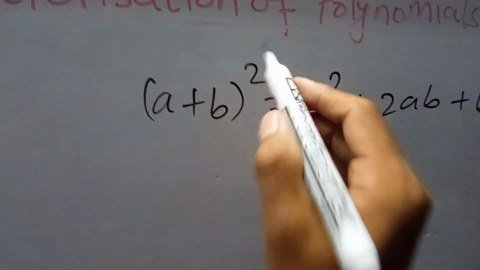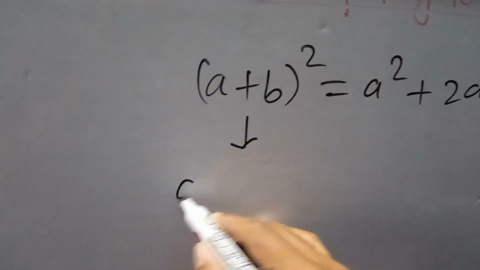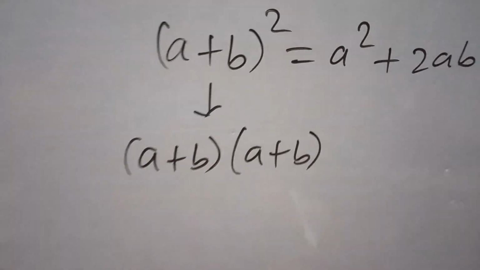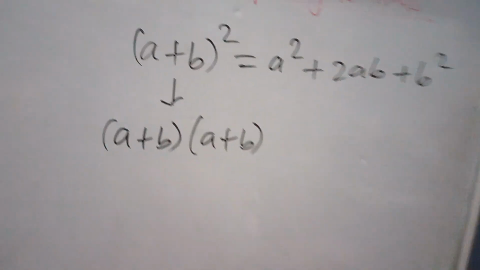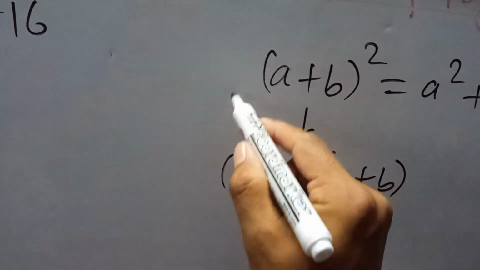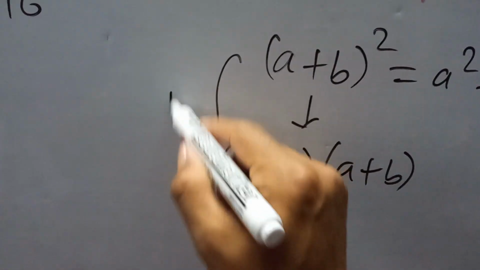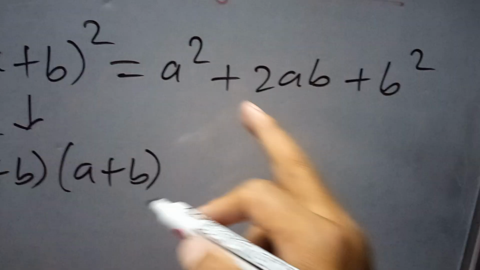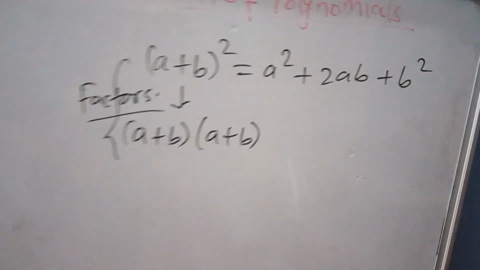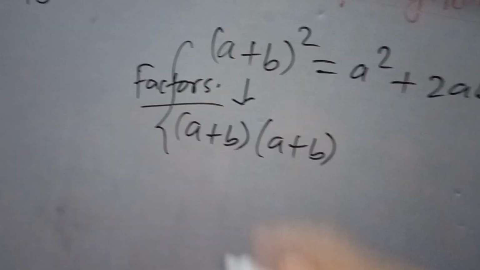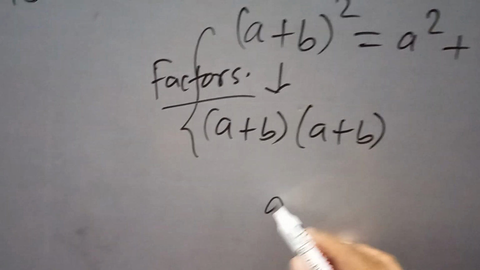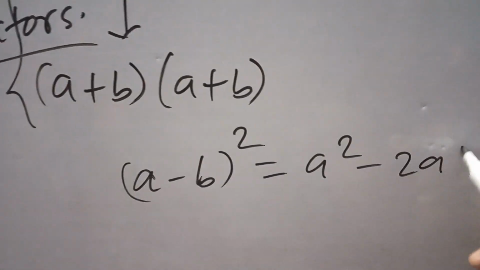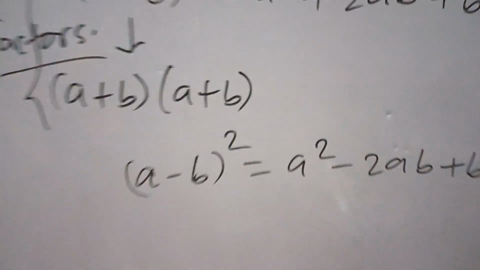Remember, a plus b whole square means a plus b in the brackets times a plus b in the brackets, and these are the factors, and this a square plus 2ab plus b square is the expansion of this a plus b whole square. If that is negative, a minus b whole square, it is a square minus 2ab plus b square.